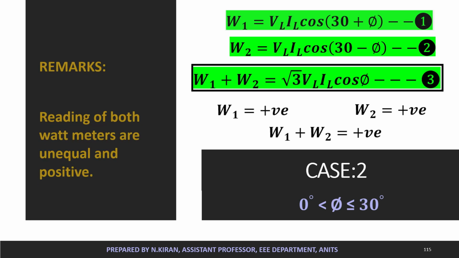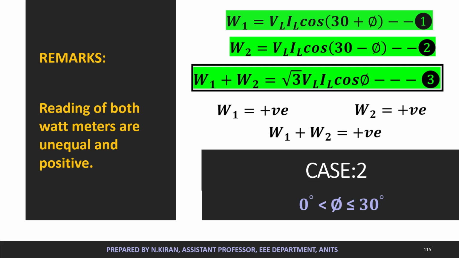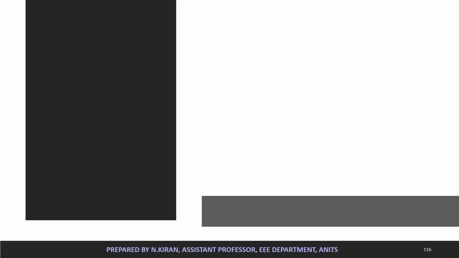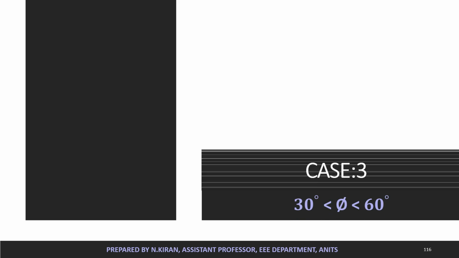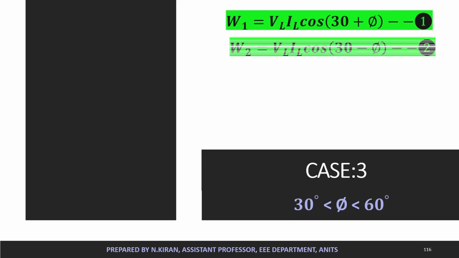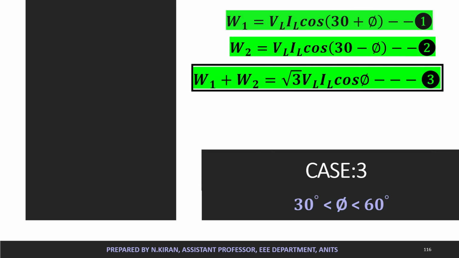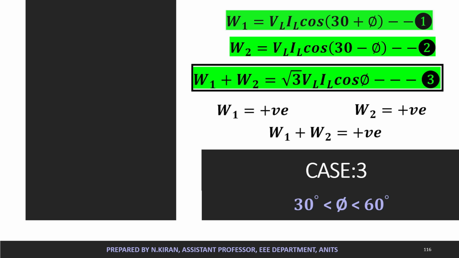Hence I can conclude that the reading of both wattmeters will be unequal and positive if the angle lies between 0 and 30 degrees. The third case, when I consider the angle between 30 and 60 degrees, both the wattmeter readings will be positive and the sum of the both wattmeters will also be positive.